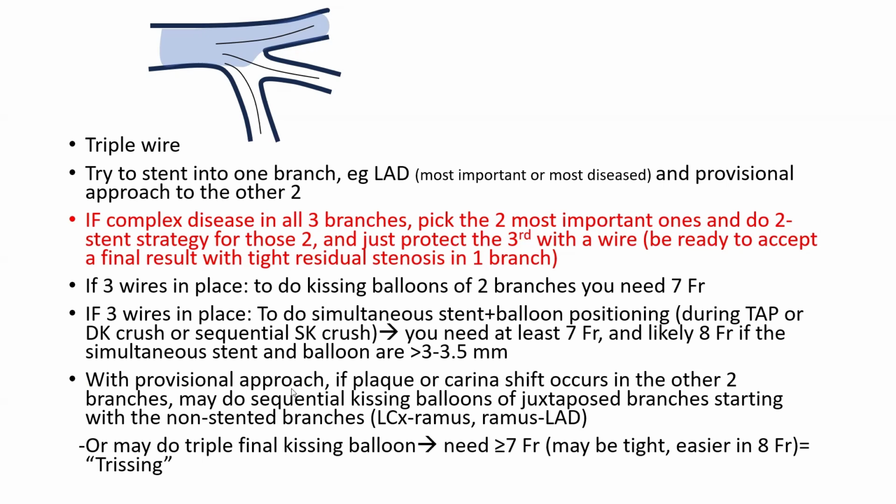Another idea with provisional approach, if plaque or carina shift occurs in the other two branches, for example, you stent left main to LAD and you're having bad plaque or carina shift in the ramus and the left circumflex, you may do sequential kissing balloons of juxtaposed branches starting with the non-stented branches, meaning you'll have to rewire the ramus and the left circumflex through the left main stent, and you do sequential kissing balloon, left circumflex ramus, then ramus LAD.